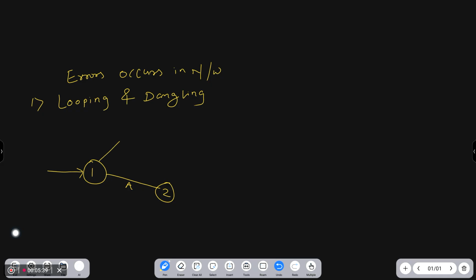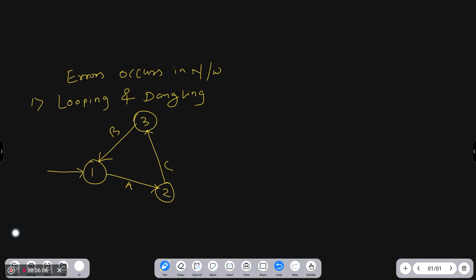For example, suppose there is an activity B to event 3. And if there is another activity, we can say C, from 2 to 3. And again we are representing 3 to 1. This concept is called a loop.